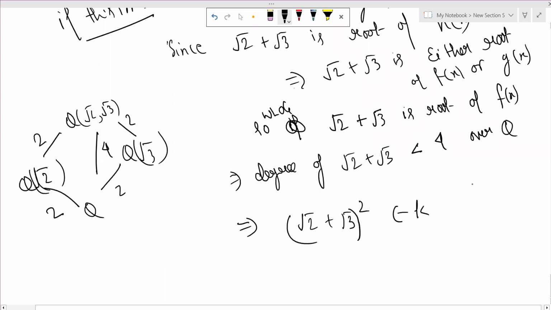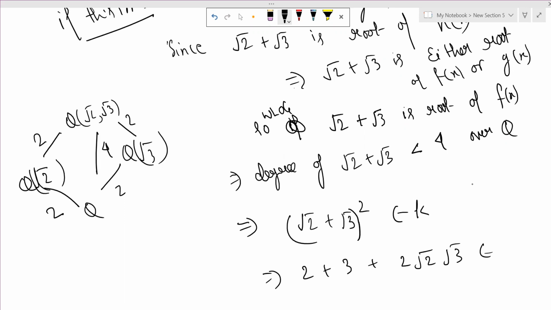So 2 plus 3 plus 2 root 2 root 3 is in k.